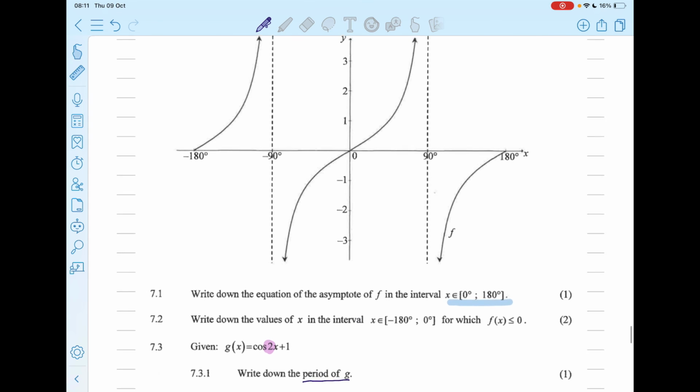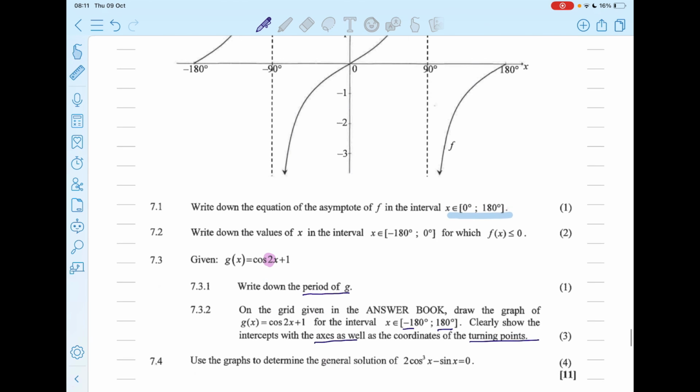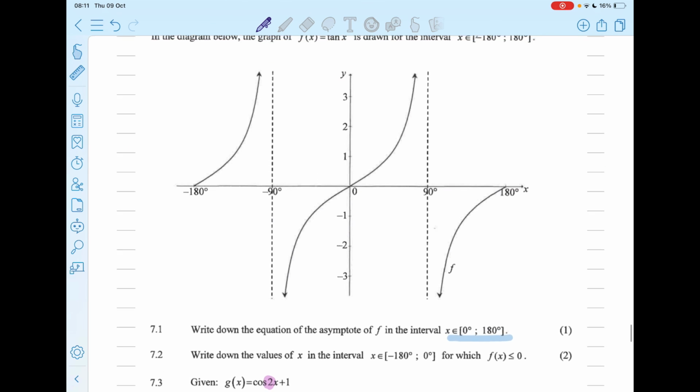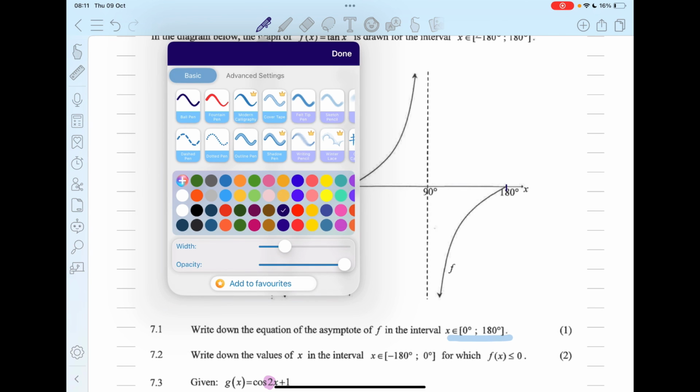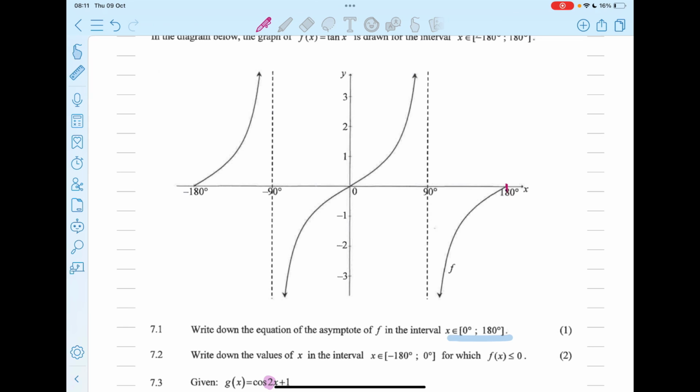We already determined the period, it's 180. So that means our function needs to complete its wave from 0 to 180 over here. And then we need to do the same from negative 180 to 0.